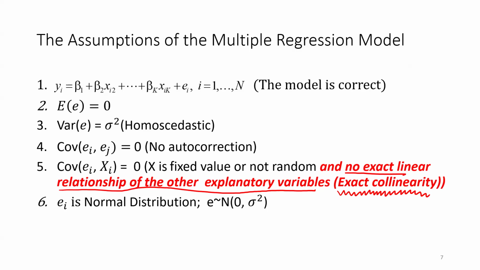So we have to assume that we don't have an exact linear relationship between explanatory variables. I will tell you later why we can't have exact collinearity and how much it affects your model.